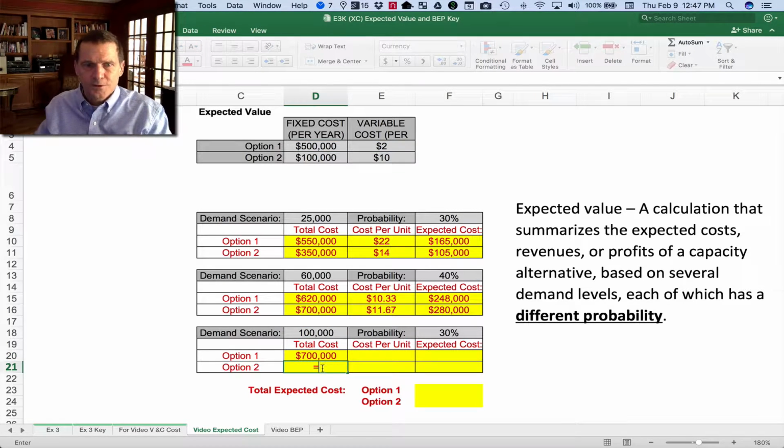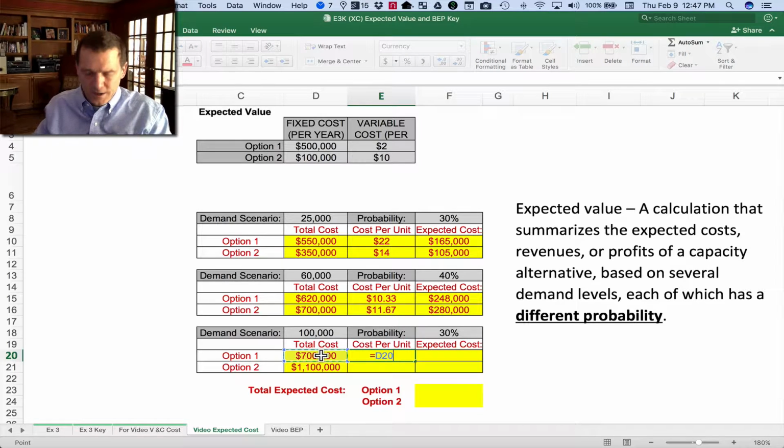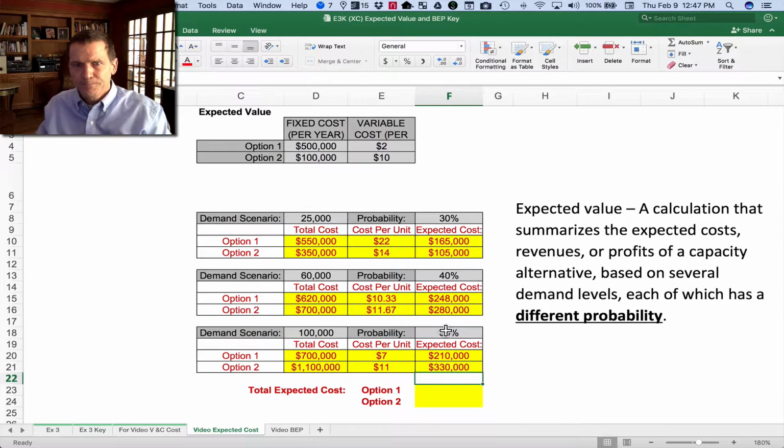We are rolling now, equals my cost divided by my volume, and then we'll put the weight on it, equals my total cost times 30%.